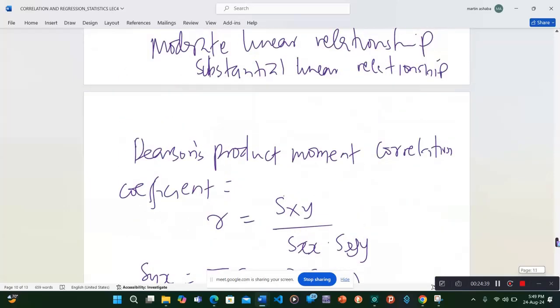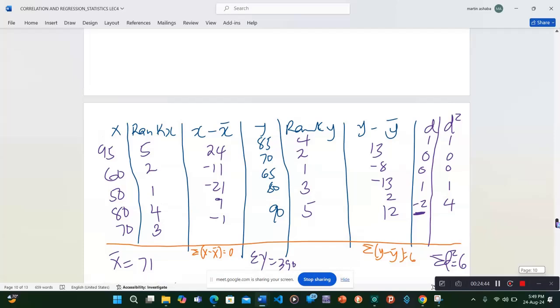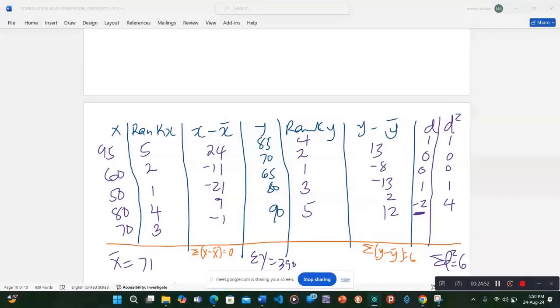So key things to note is that if you are doing Spearman's rank correlation coefficient, then you don't need the x minus x bar and the y minus y bar. You only need the rank for x, the rank for y, then d, which is the difference between the ranks, and the square of the ranks.